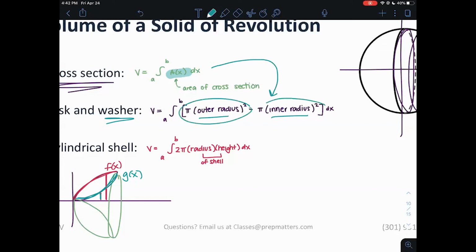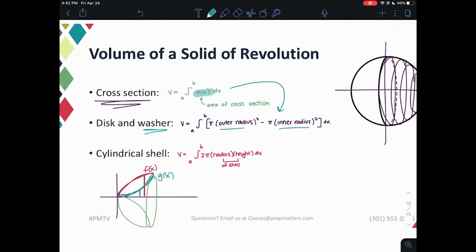Big circle minus little circle, to create that washer idea. If we don't have an inner radius, we don't have that donut, we just end up with a circle, the disk, then this inner radius is just gone.